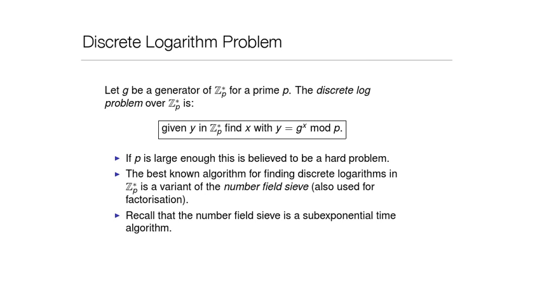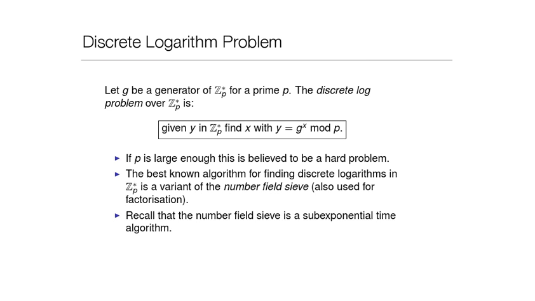The discrete logarithm problem over this group is: given y, an element of this multiplicative group, find x such that y equals g to the power x mod p. So you are given y, and you are asked to find a value x such that g to the power x mod p equals y. This is the discrete logarithm problem.